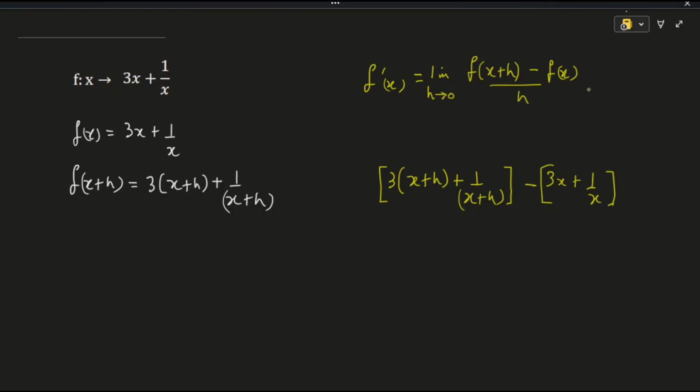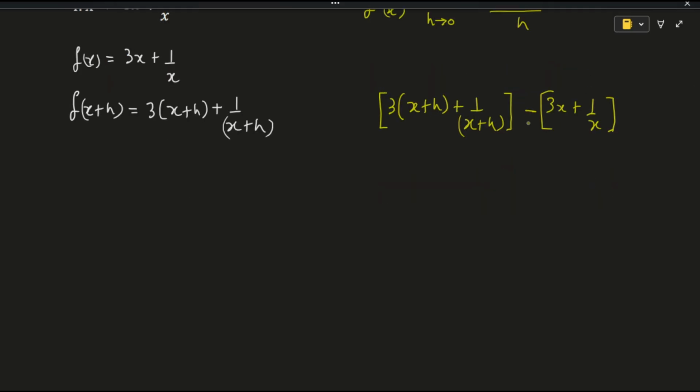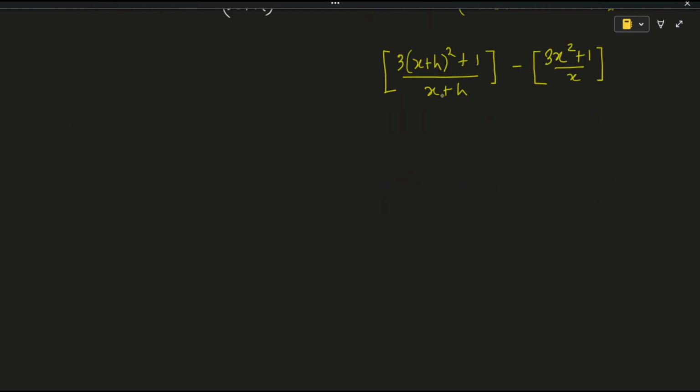And so the expression over here represents the numerator. We want to simplify the numerator first. So in this expression over here, we're going to have as our common denominator x plus h. So we're going to have this, and here we're going to have as our common denominator x over here. So we're going to have this. So let's go ahead and simplify by expanding.